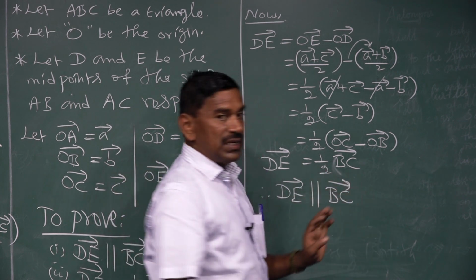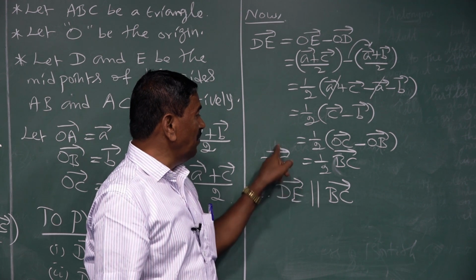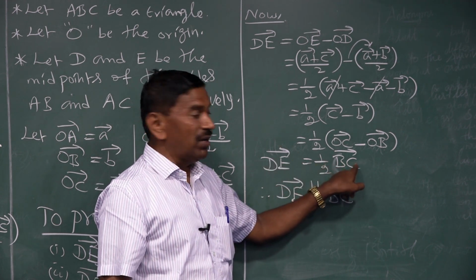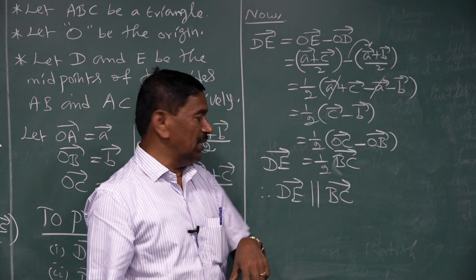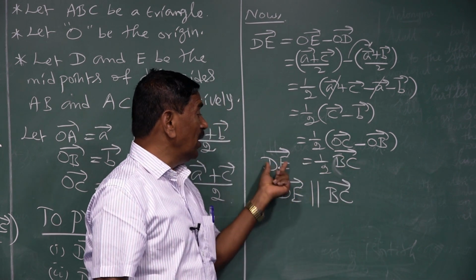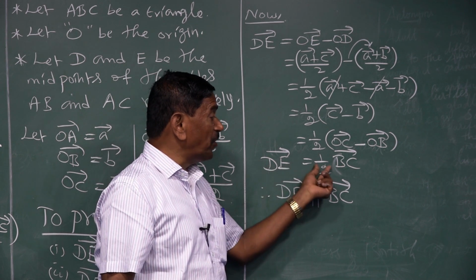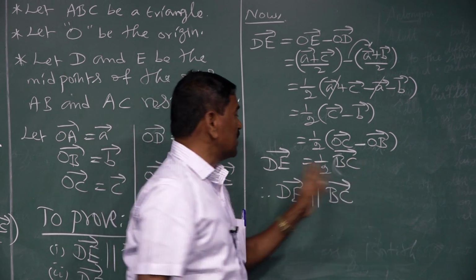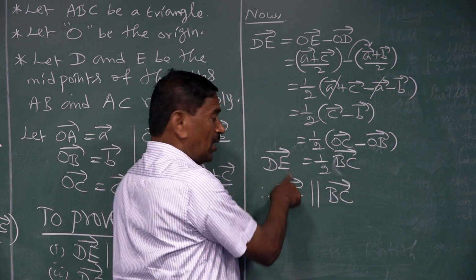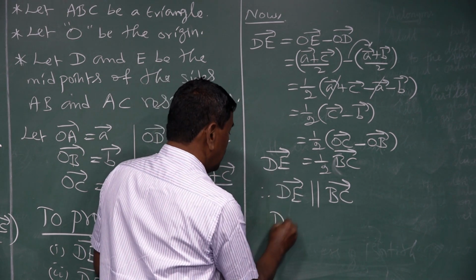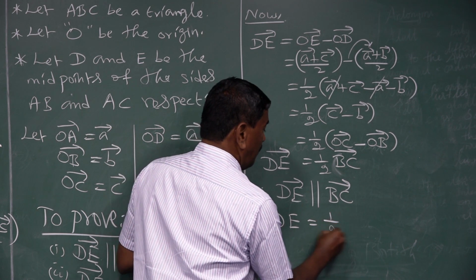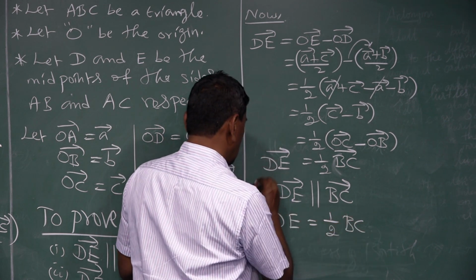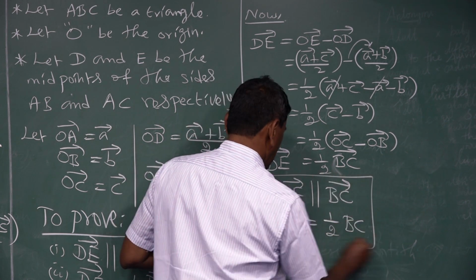So, we proved the first result. Next, we want to prove DE is half of the length of the third side. See, it is a vector notation. Now let us write in magnitude form. Therefore, DE is equal to half into BC. So these two results we proved. Hence proof.